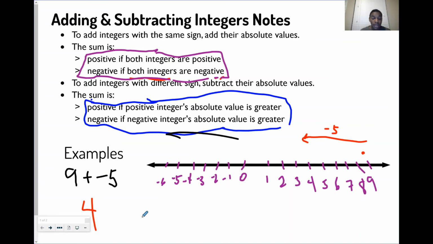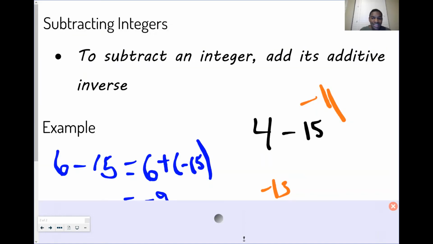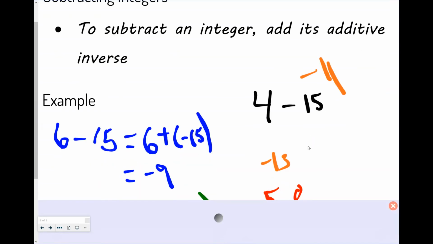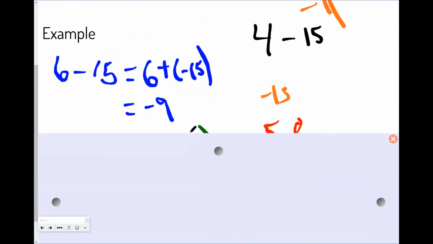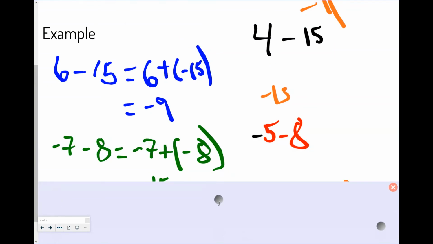Okay. All right, so we're gonna move on to subtracting. Yay, right? All right, so to subtract an integer, we're gonna add its additive inverse. So 6 minus 15.